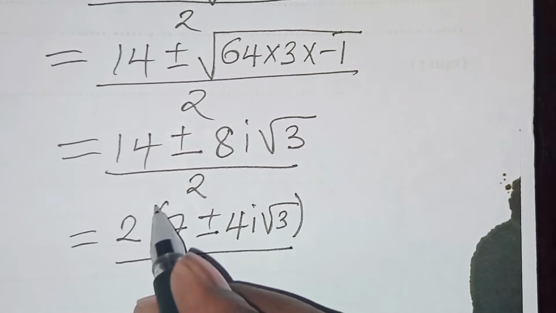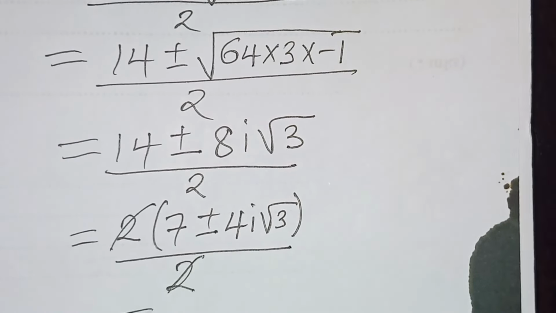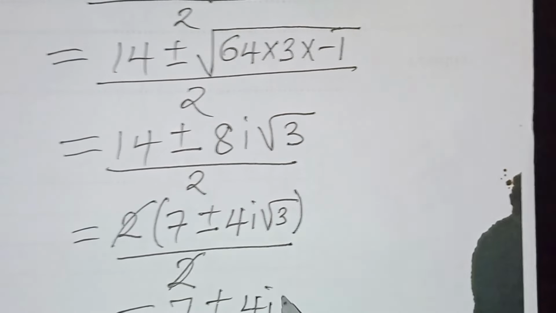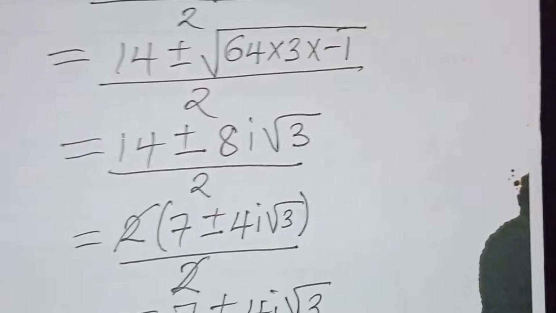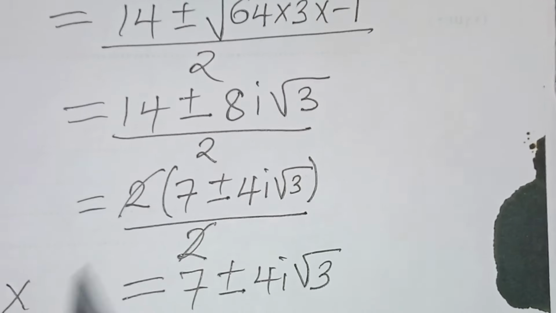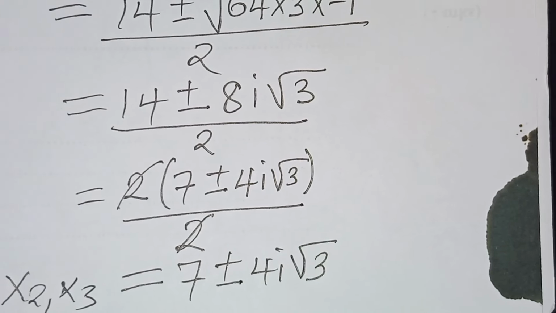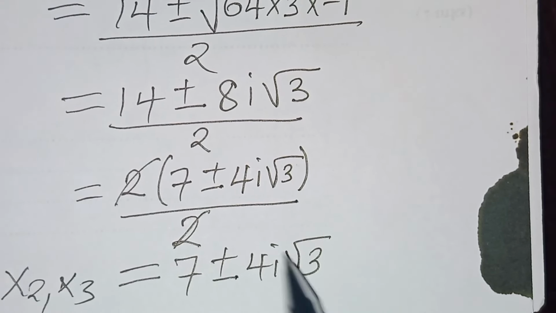So if you simplify here, then here we'll have 7 plus or minus 4i square root of 3. This is what x2 and x3 are. Let's proceed.